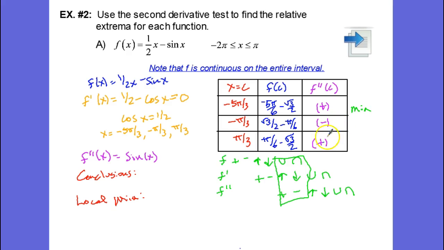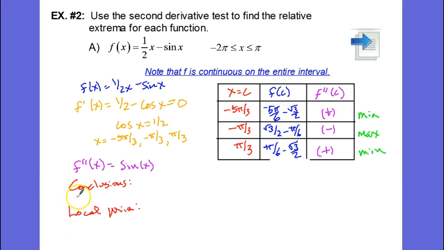Notice that when f double prime is negative, we have the original function being concave down, and that means it has a maximum. And when it's positive, again, concave up, and that gives us a minimum. So let me erase this, and let's write down what we know.